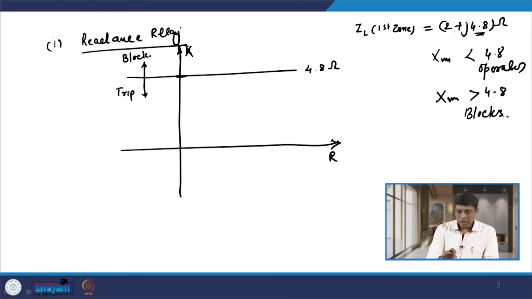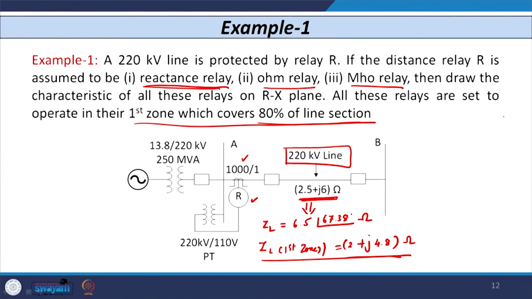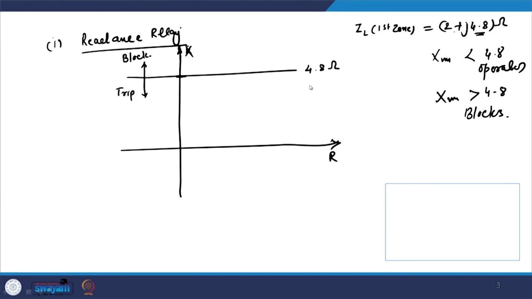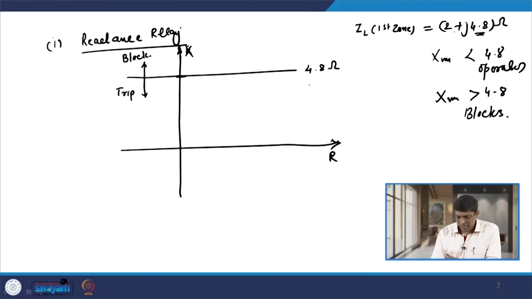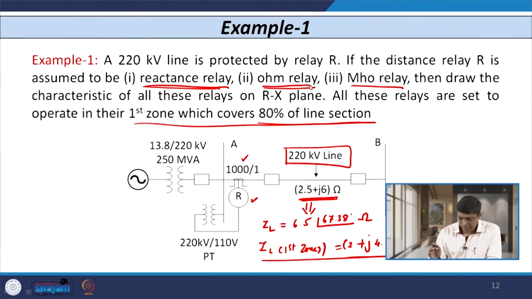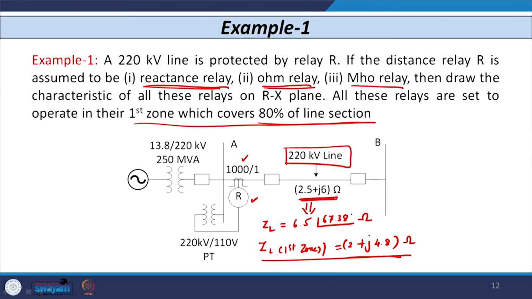Now, the second point is regarding the ohm relay. As I told you, the ohm relay is an angle admittance relay, so we have to draw a tangent with the line. The angle is 67.38 degrees.